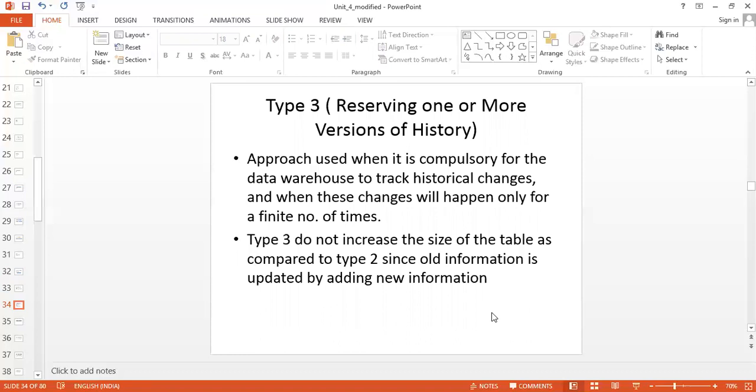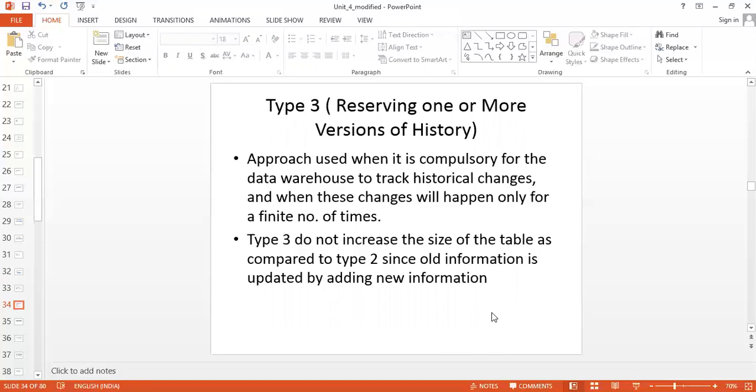So in this case, the person will be assigned a new location only 4 times a year. When we are able to keep track of the history of the previous data, and the changes occur a finite number of times, type 3 is used.